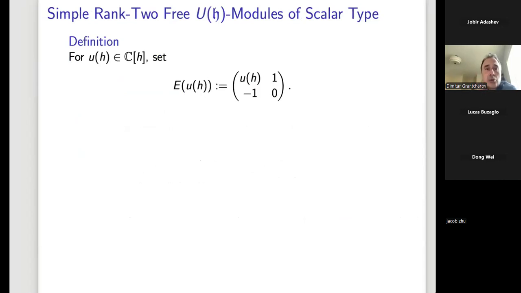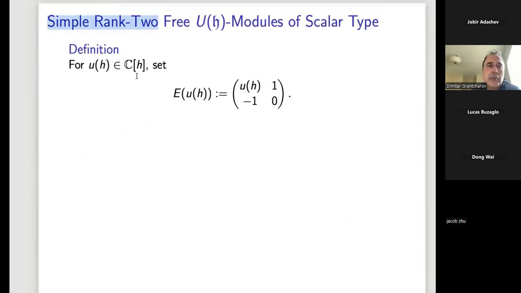Now we switch to rank 2. And that's like a complete change of considerations. Like we're going to a different world because now we need some theory of GL2CH of this group.